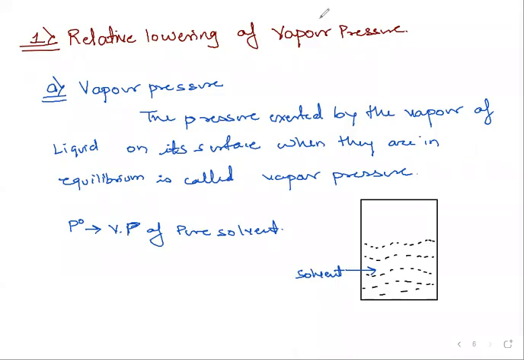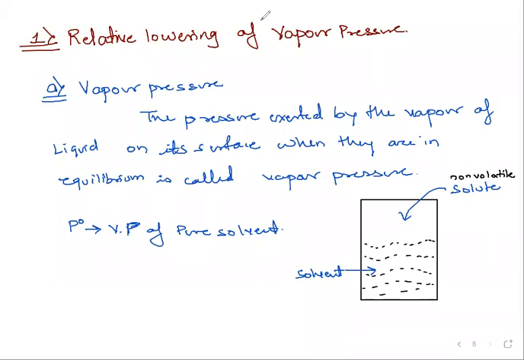Now, if we add a solute, after adding the solute, what happens? It becomes a solution. Please note, I am writing non-volatile solute. What does non-volatile stand for? Non-volatile means that it will not vaporize. So if we add a non-volatile solute in the solvent, it becomes a solution.